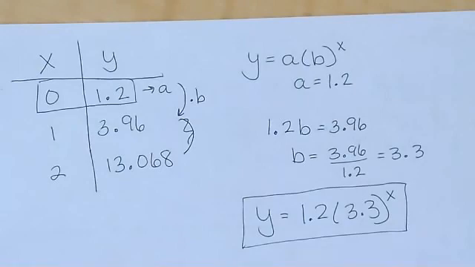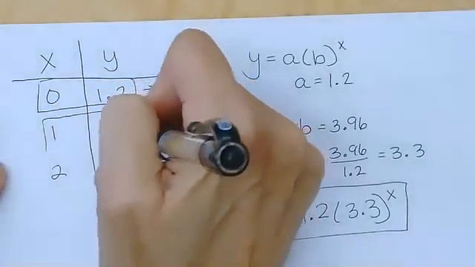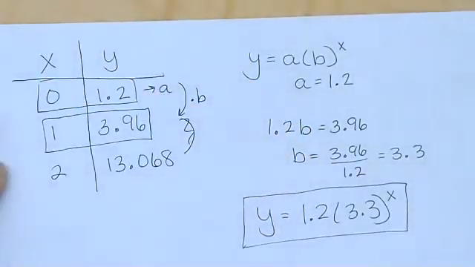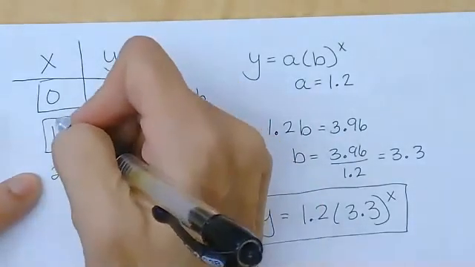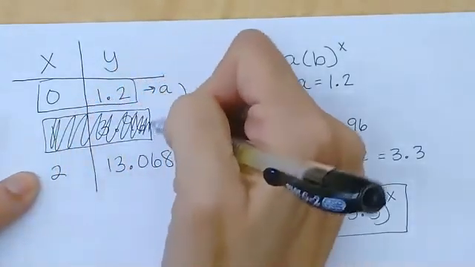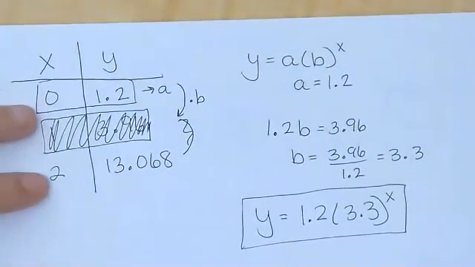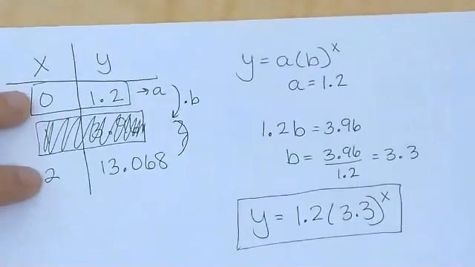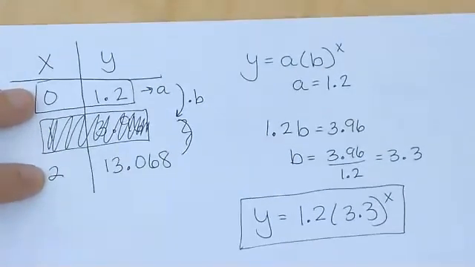Okay, now not tonight, but to think future-wise, what would happen if I gave you this table right here, but that number was missing? So suppose I had just given you these two values instead. Could we still figure out what B is? Yeah, it's a little bit harder, but that's where we're going.